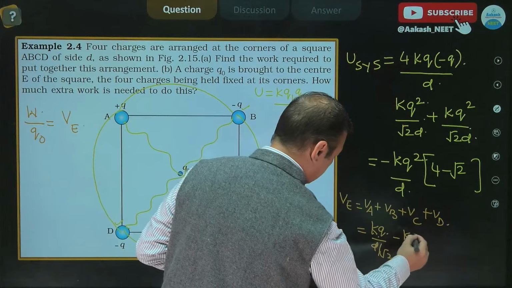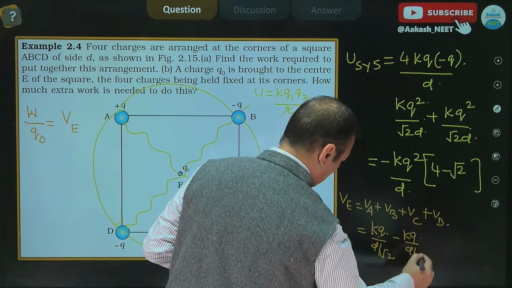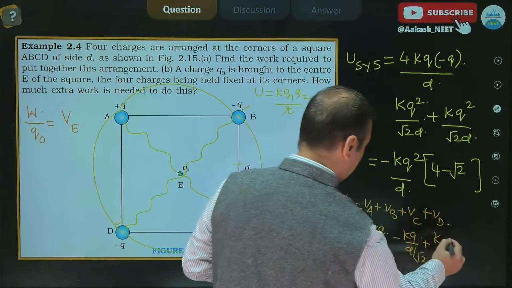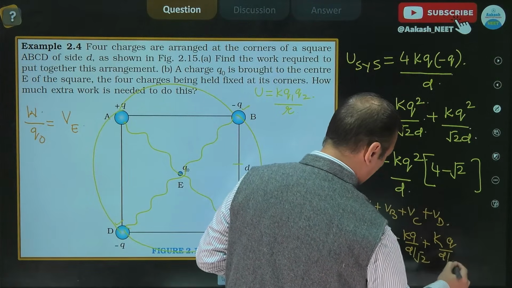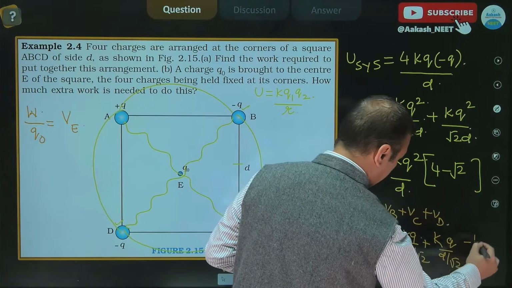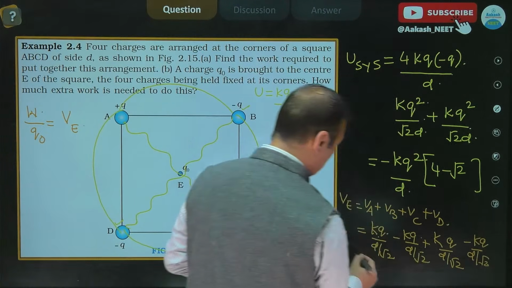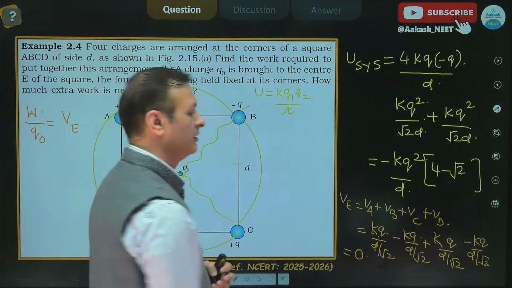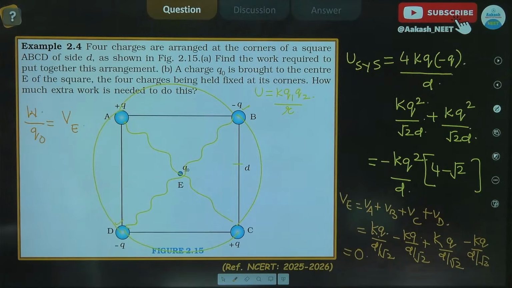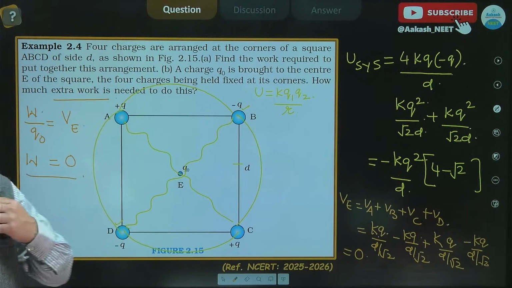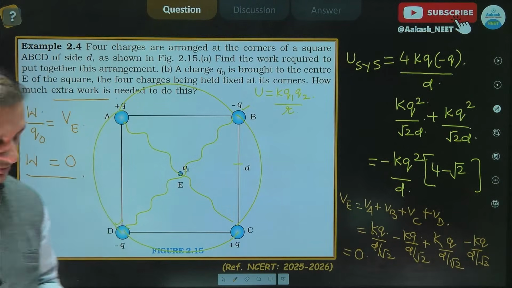So this is minus KQ by D by root 2, this is again plus KQ by D by root 2, and this is minus KQ by D by root 2. As you can see, the net electric potential is 0 at point E. So work done would definitely be 0. So that extra work done needed is not there.